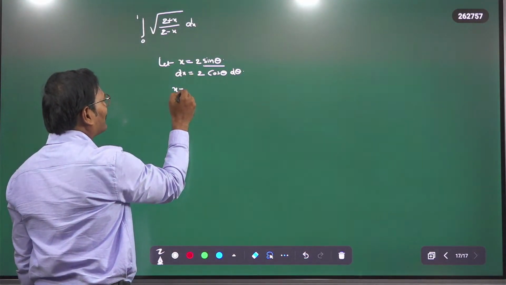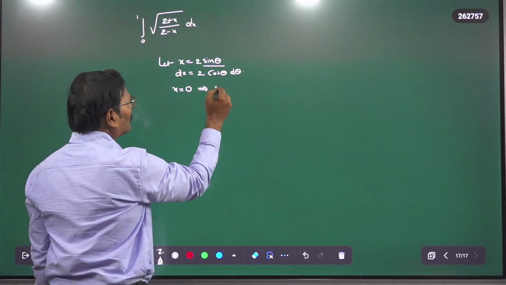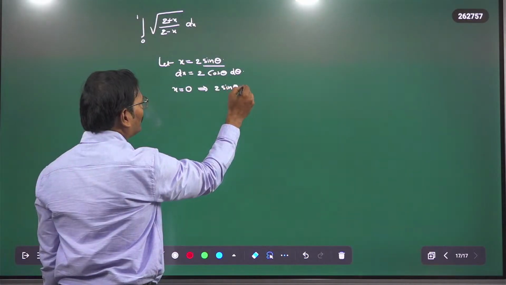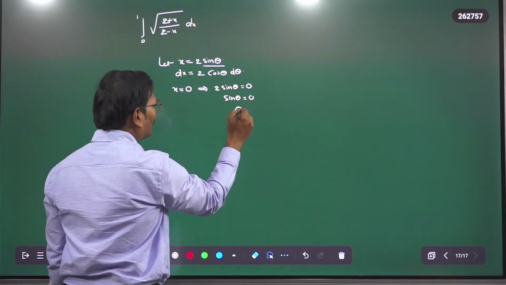So x is equal to 0 is the lower limit. So 2 sin theta equal to 0, sin theta equal to 0, so theta equal to 0.